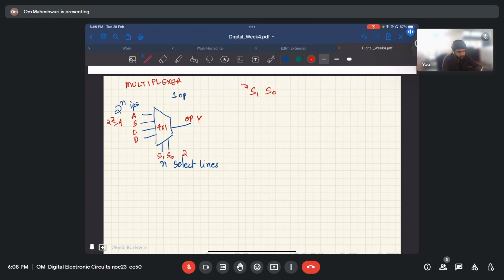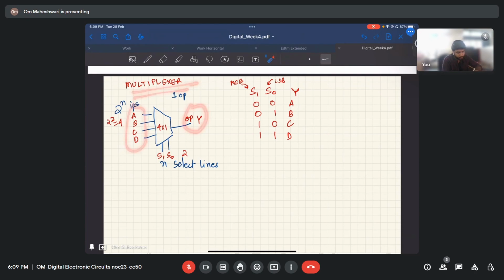So this is MSB, this is LSB. So 0 0, 0 1, 1 0, 1 1. Y is the output. Output will be A, B, C, and D. This is how a mux works. So it is multiplexing 4 inputs into a single output.